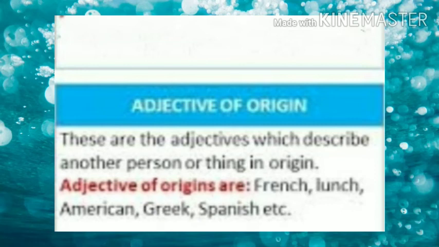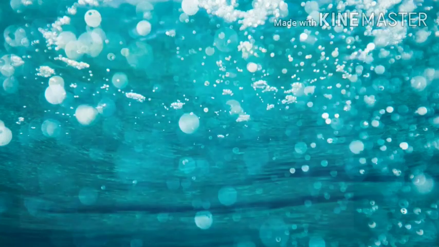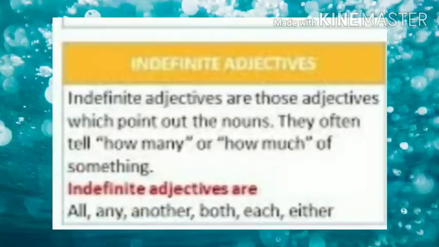And next will be the indefinite adjectives. Indefinite adjectives are those adjectives which point out nouns. They usually point out the noun that has been given in the sentence. They often tell how many and how much of something.